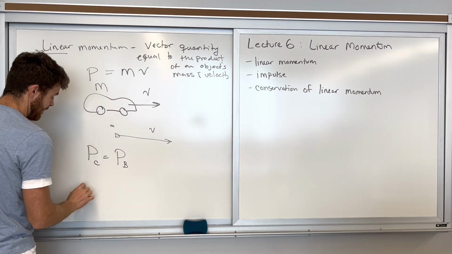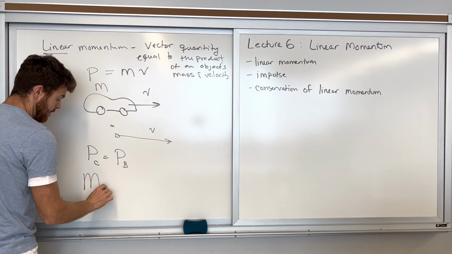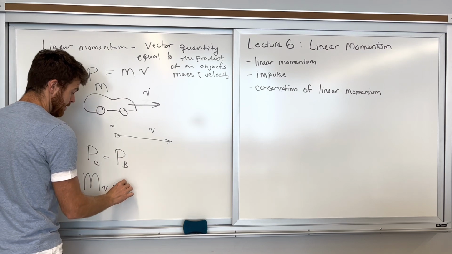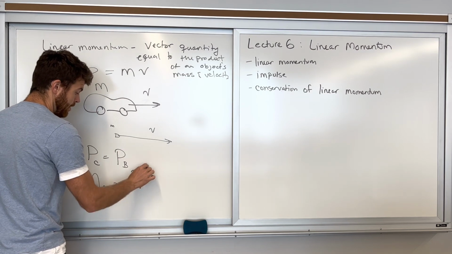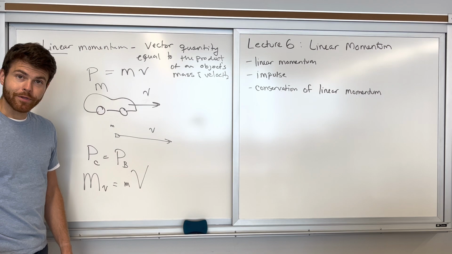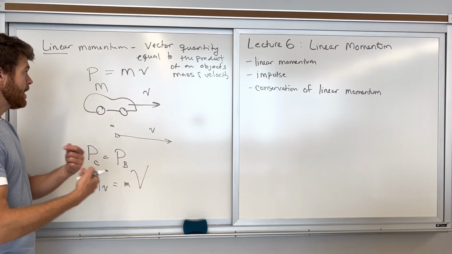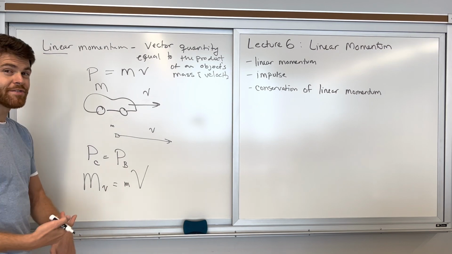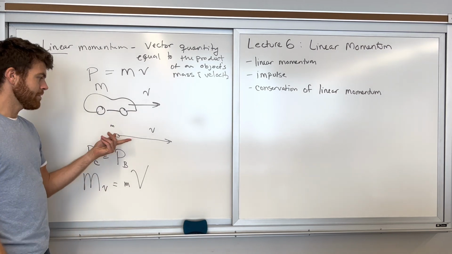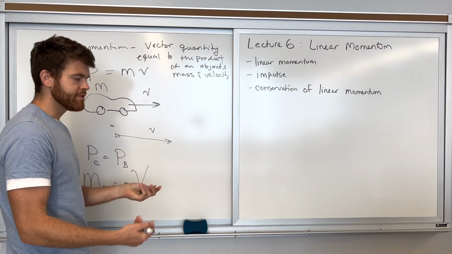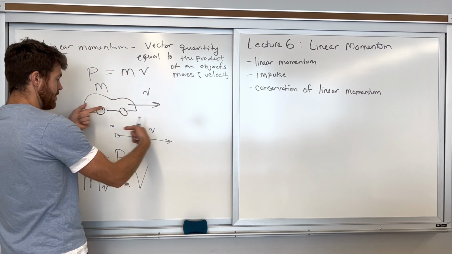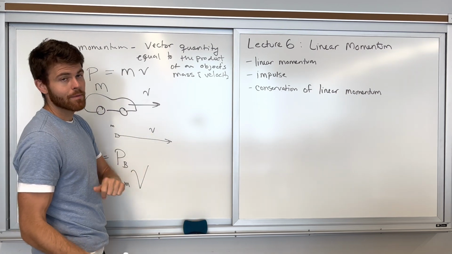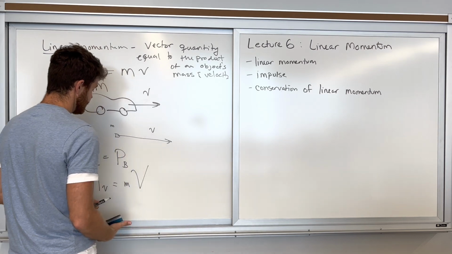The car having a much larger mass and smaller velocity could equal the product of the small mass with the larger velocity of the bullet. So because it's the product of mass and velocity, you can have two objects with different masses and velocities, but they're still the same momentum. I'm saying they're in the same direction. Obviously, if they're in opposite directions, they can have the same magnitude of momentum, but opposite directions.